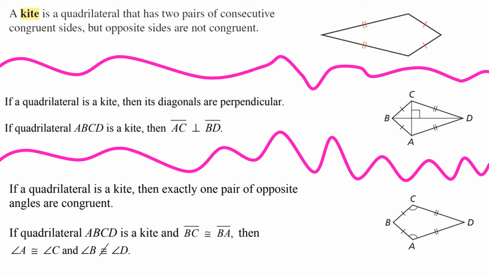If you look at angle B, that is a vertex where you have two congruent segments meeting. So B is not one of the angles we talk about. Same thing with angle D. Angle D is another angle where two congruent segments meet at a vertex, and so that is not the angle. The angles that are congruent in this picture would be angle A and angle C.